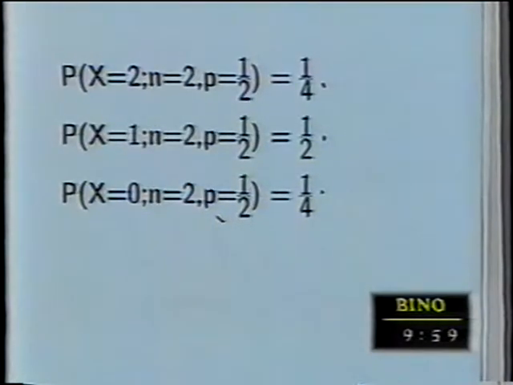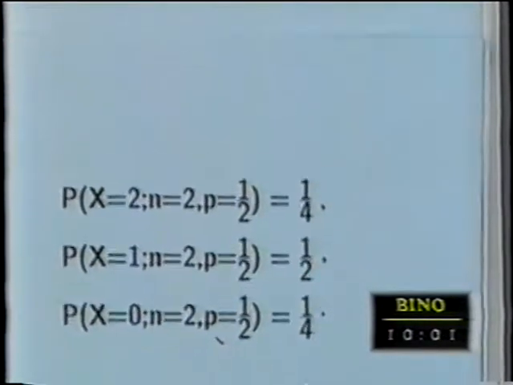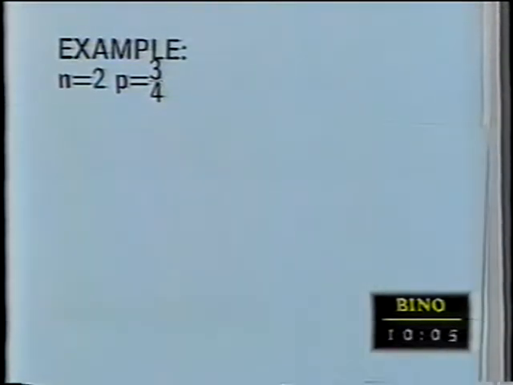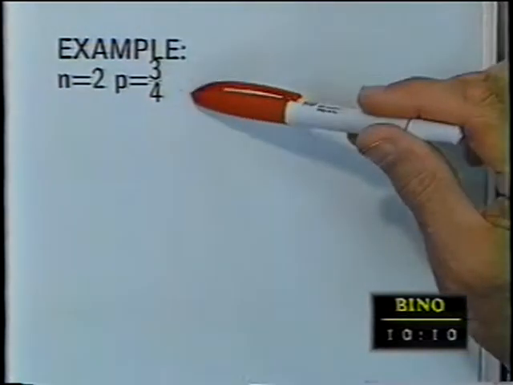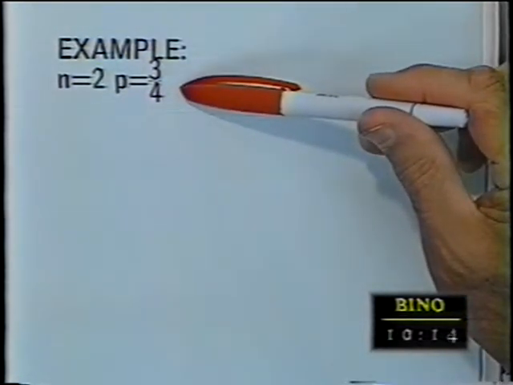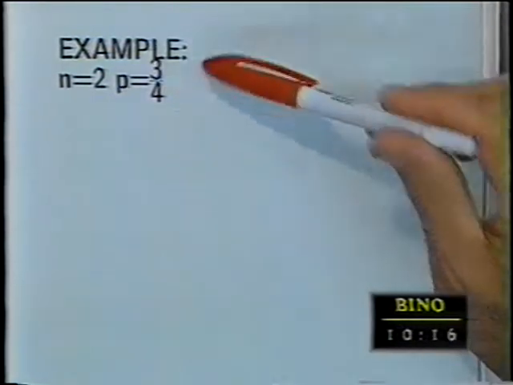Well, that's easy enough. Let's be harder about it. Let's take n of 2 and p of 3/4. Now, we no longer have a coin. We're playing a game where, let's say, we invited 2 people to a meeting, and we figure the chance that each will show is 3/4.